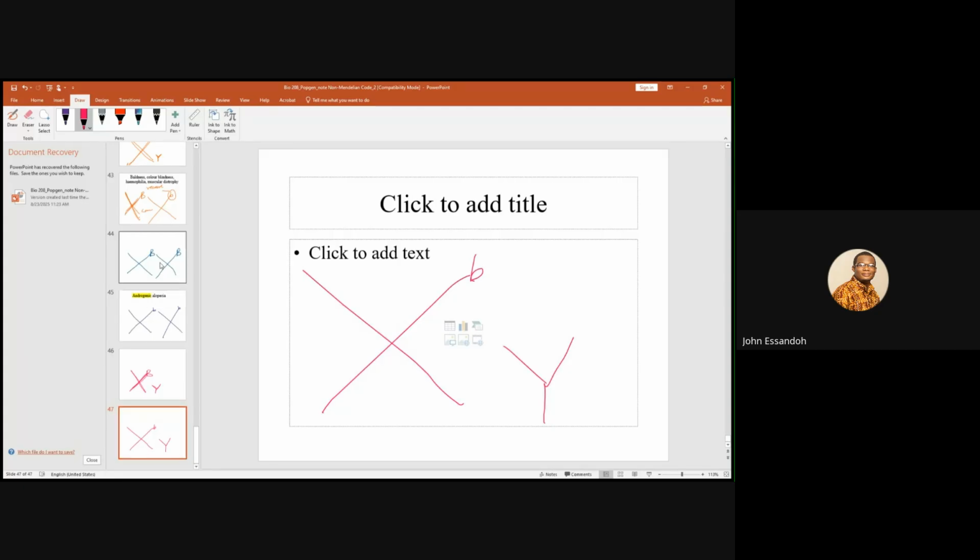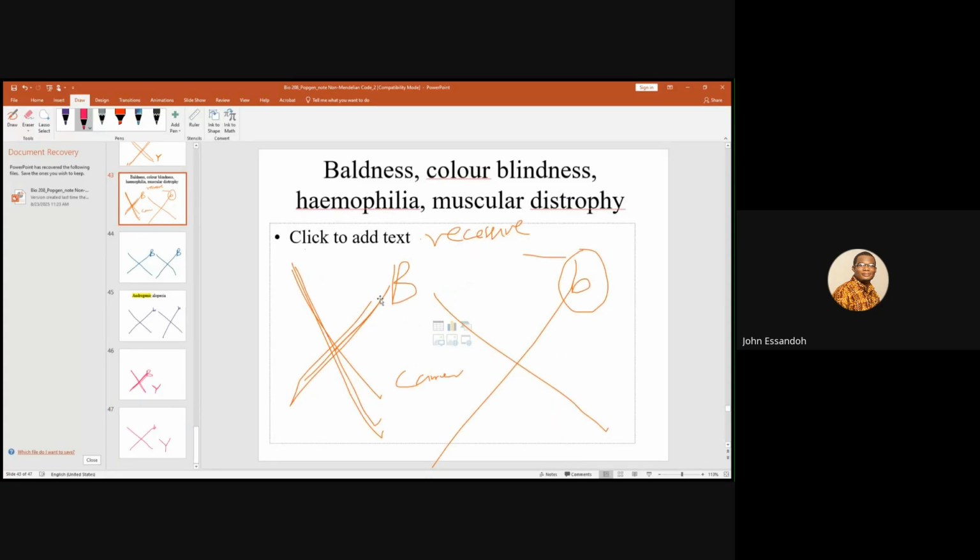It's unlike women. Women could be carriers. Carrier means this normal one is dominant over this. Likewise, because of that, sex-linked disorders.